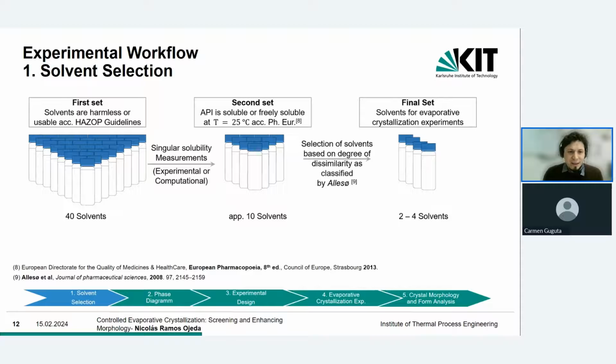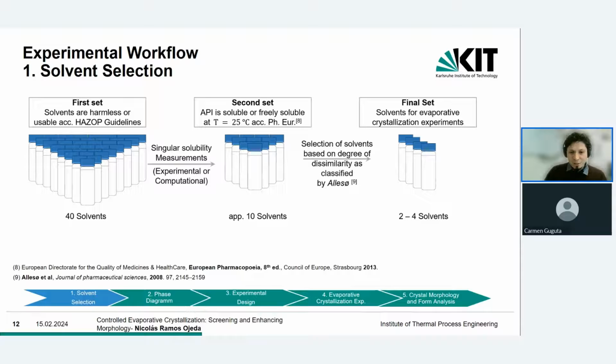Next, to get a final set of solvents that will be tested in our evaporative crystallization experiments, we use a solvent chart proposed 15 years ago by Alleso, in which you have a chart of possible solvents. You can picture that like a square.